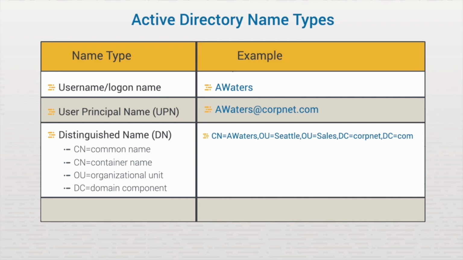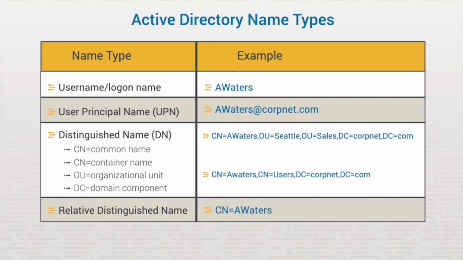If Andy's user account were in the users container, the distinguished name would be CN=A Waters,CN=users,DC=CorpNet,DC=com. The last name type is the relative distinguished name, or RDN. This name type is used to identify an object within its container and only needs to be unique within the object's container. In our example here, it would be CN=A Waters.